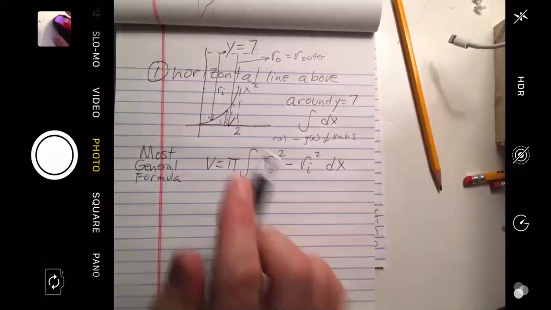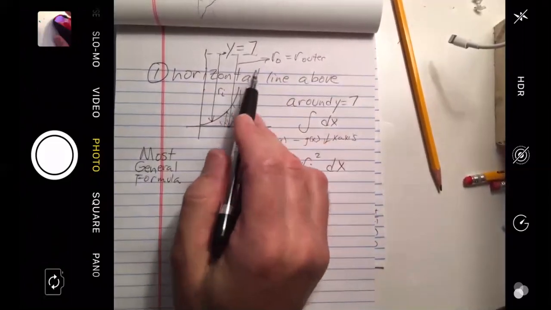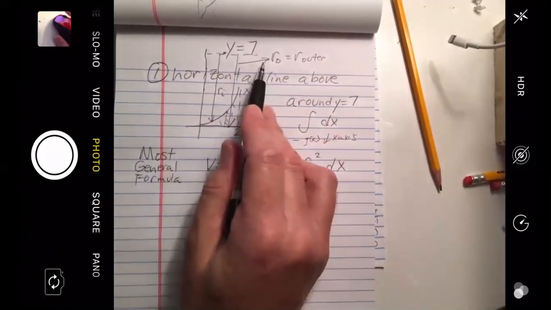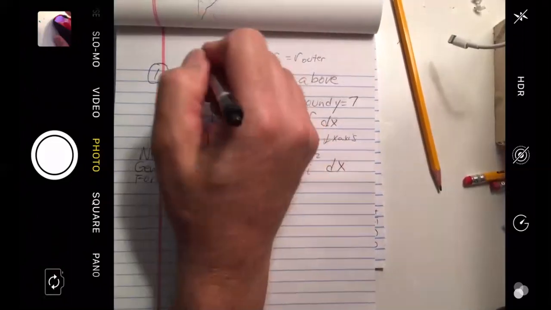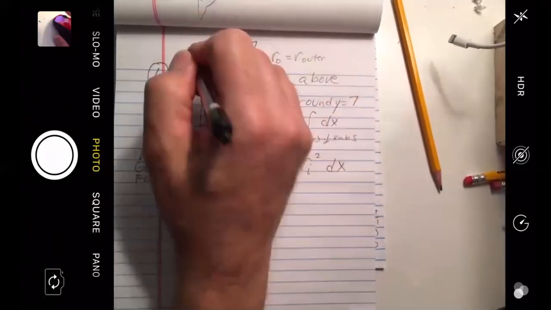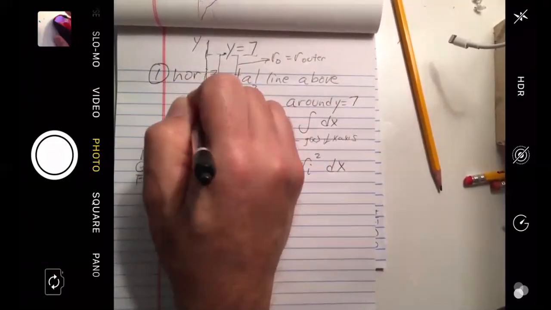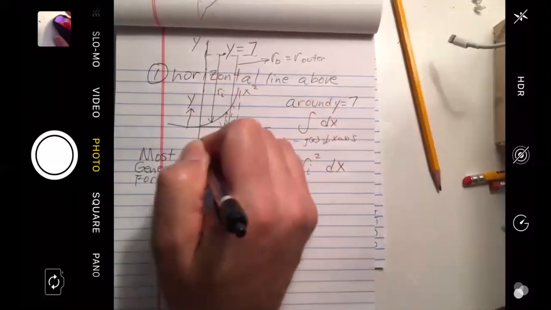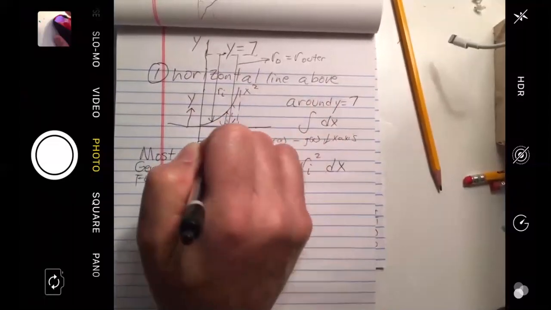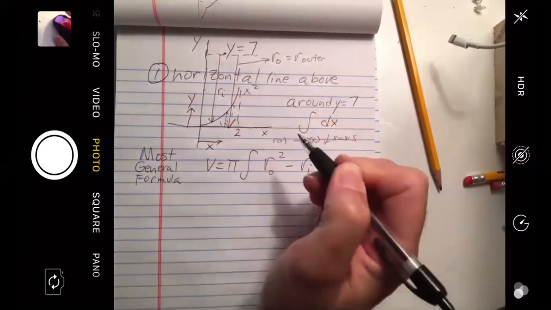Okay, well, how do you figure this outer radius? Well, basic college algebra, this is the y-axis. When I measure up from the x-axis, that's called y. When I measure forward from the y-axis, that's called x, because this is the x-axis.